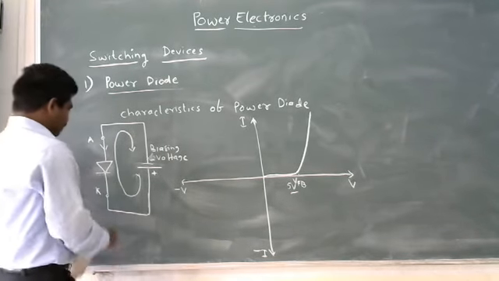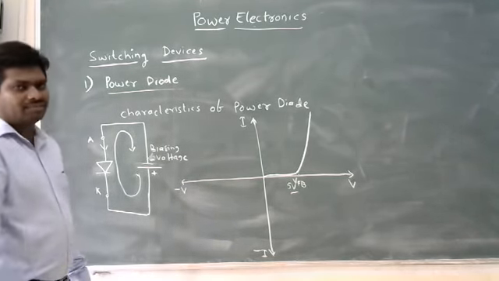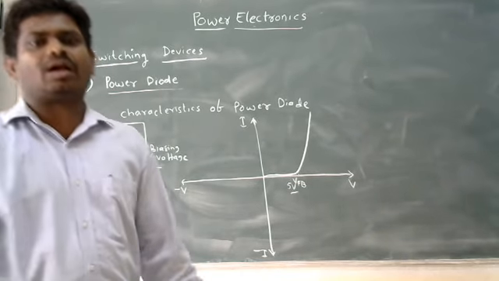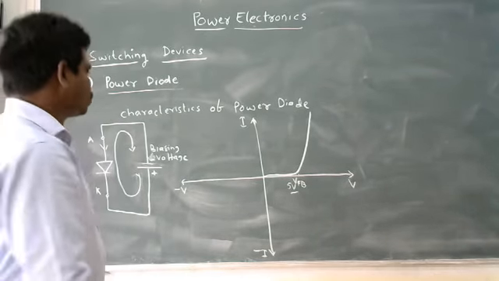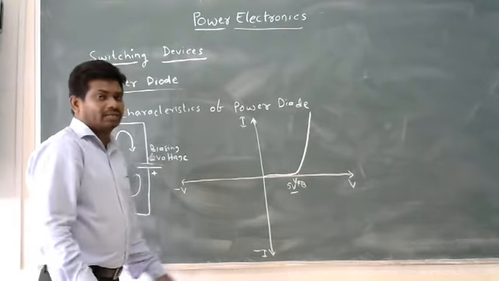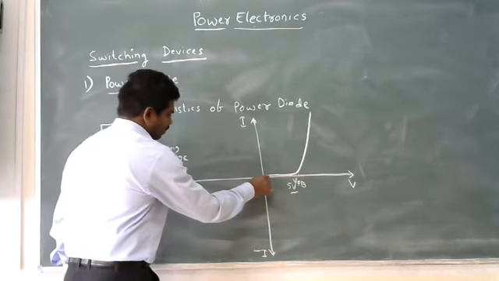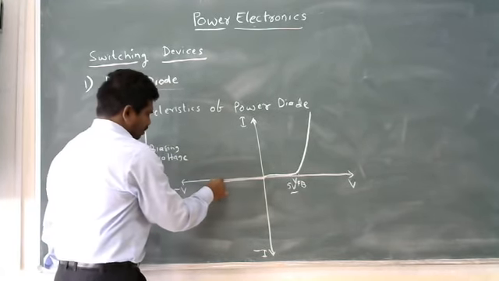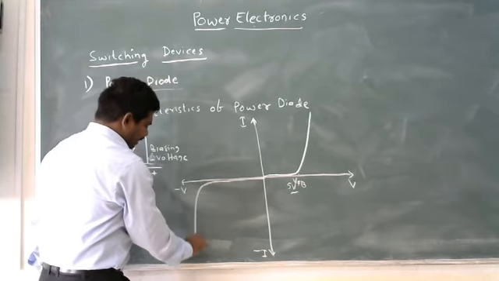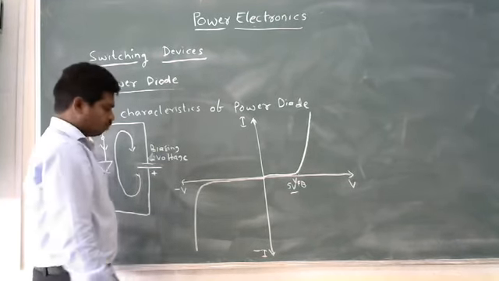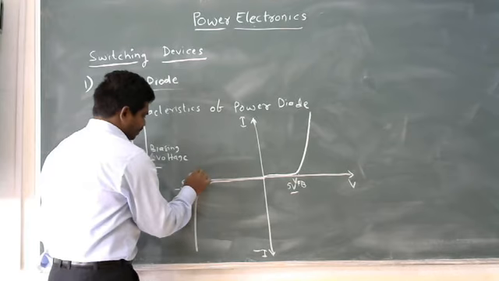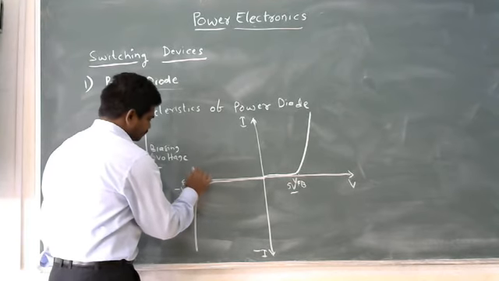But here, the junction width is going to increase a lot instead of a breakdown. After applying some voltage, we reach what we call the reverse breakdown voltage.